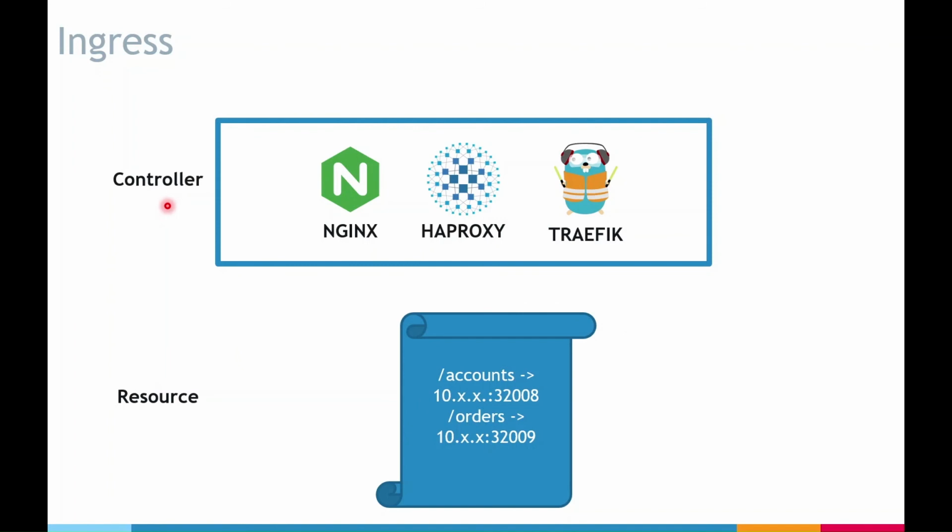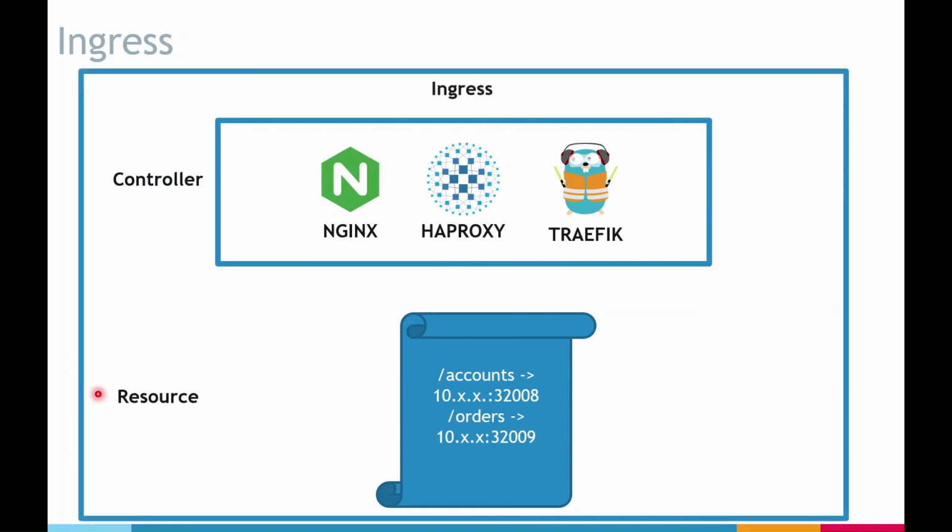By default, Kubernetes doesn't come with a controller. You have to deploy your own controller solution, or if you're using a managed Kubernetes service, there are many native options available out of the box. Both of these resources together create an ingress. So ingress is basically the ingress controller along with the ingress resource.